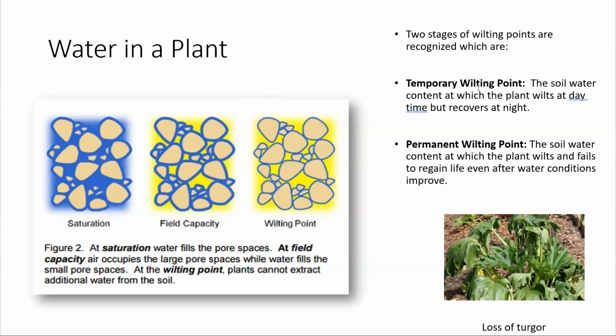Now, an example of a temporary wilting point, one that I like to point out, most people are familiar with hydrangeas. Big leaf hydrangeas are the most popular. They're beautiful plants. However, they are a high water use plant in the Sacramento region.